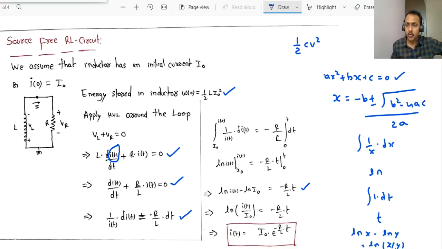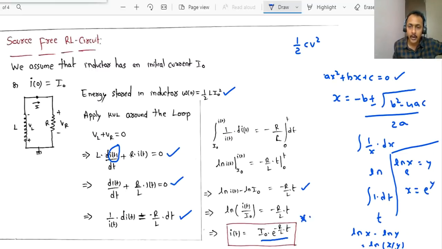Ln of x equals y, then x will be equal to e power y. That is what we have done here: I of t equals I naught into e power minus R by L into t.